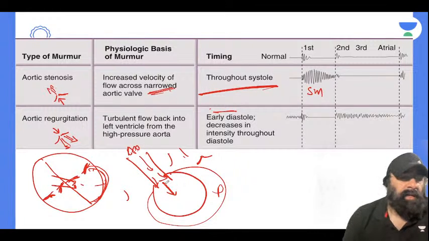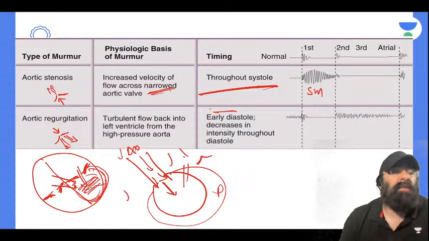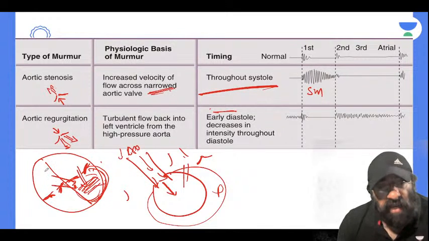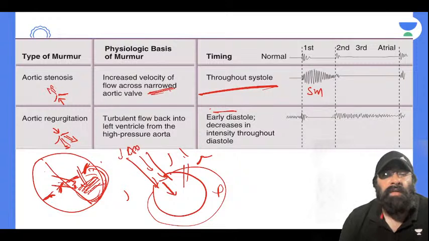Plus, because it's diastole, remember the blood is coming in from the atrium also. If the blood is coming in from the atrium and the ventricles are filling up, that means the negative pressure in the ventricle is becoming positive, and the aortic pressure, which was high positive, is also getting low. So the gradient of pressure becomes less. Therefore, throughout the diastole, the intensity of the murmur becomes less.